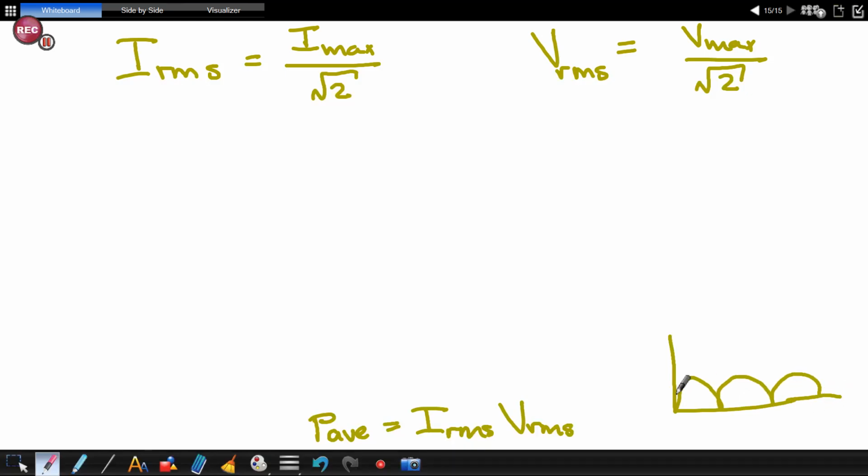Yes. So they compare the energy that is generated by the alternating current to the energy that would be generated if it was a DC current supplying the energy.